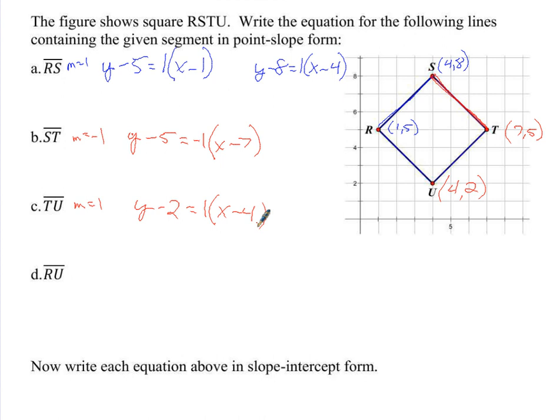And how about for RU? Yeah, the slope is negative 1 this time. Let me make that look like a negative 1. There we go. So what's my equation?